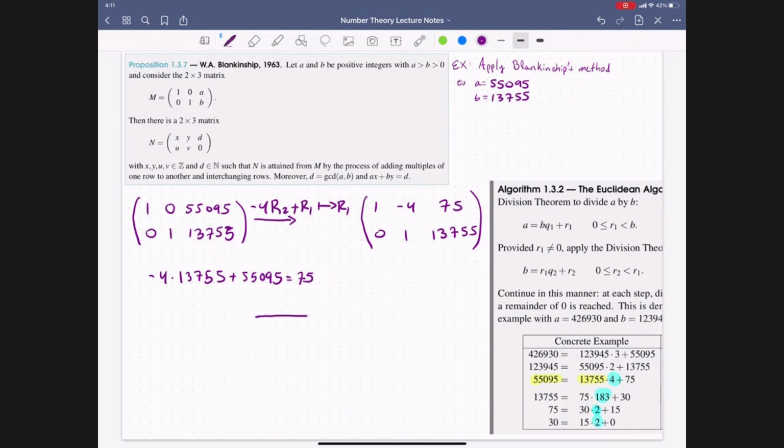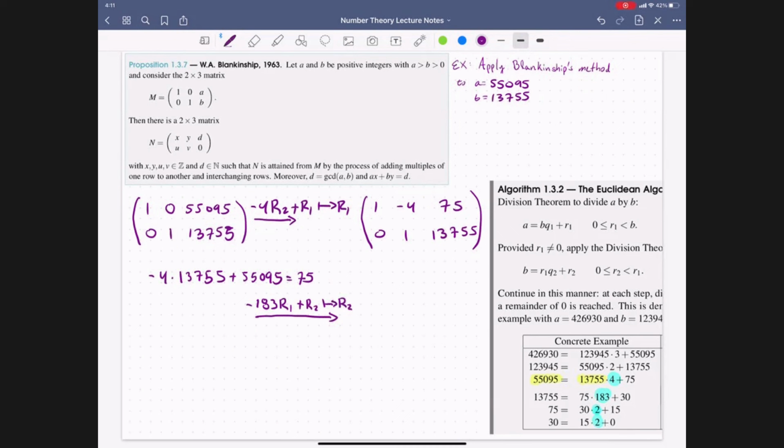The next step, we're now going to multiply row 1 by negative 183. So we'll do negative 183 times row 1, add it to row 2, and replace row 2.